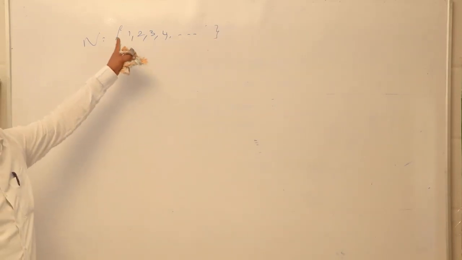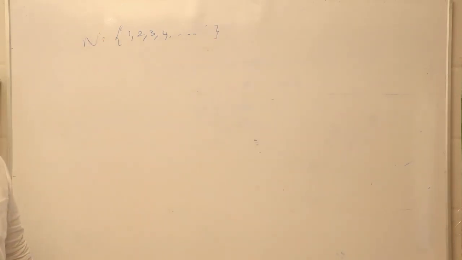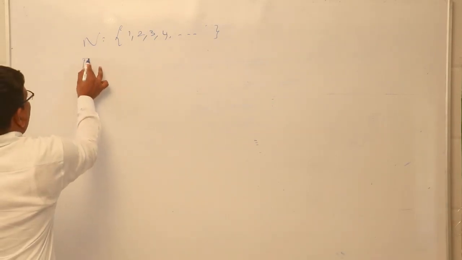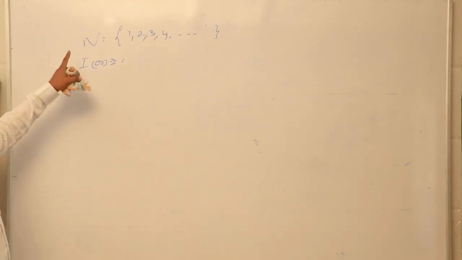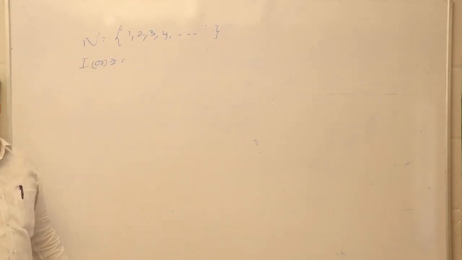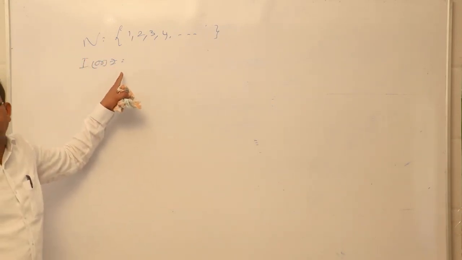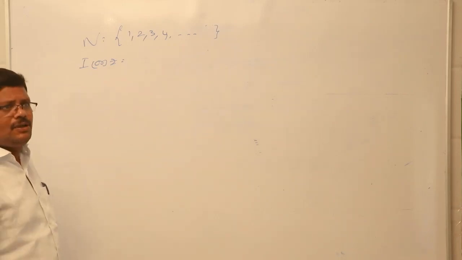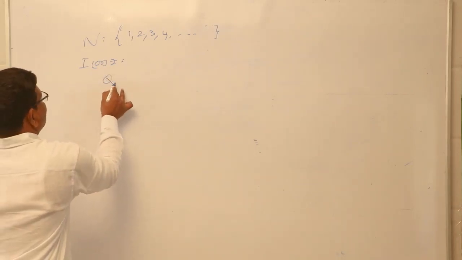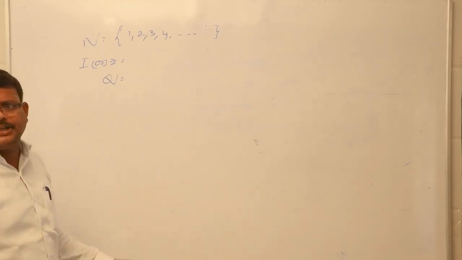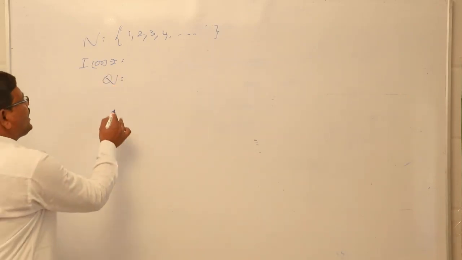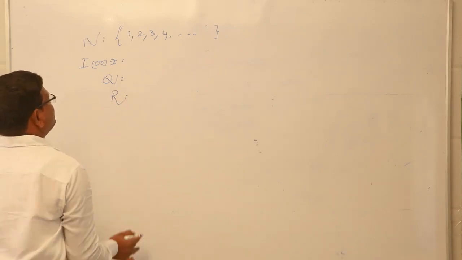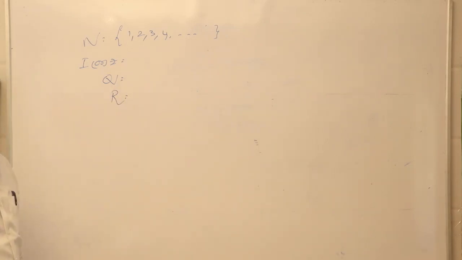The natural numbers are denoted with capital N. All the integers are denoted with capital I or capital Z. The rational numbers are represented with Q. All the real numbers are represented with capital R.